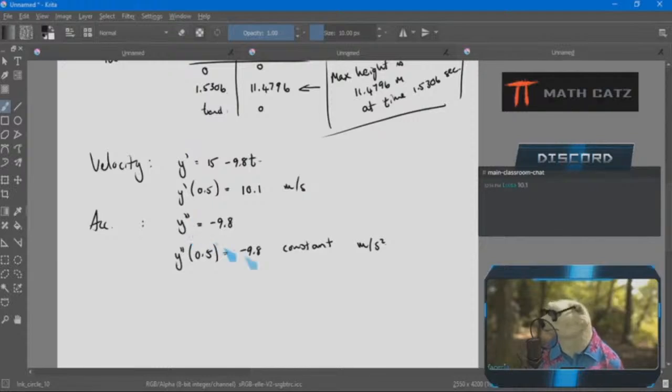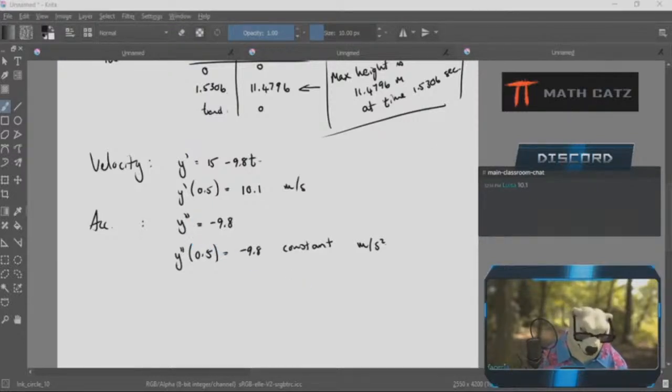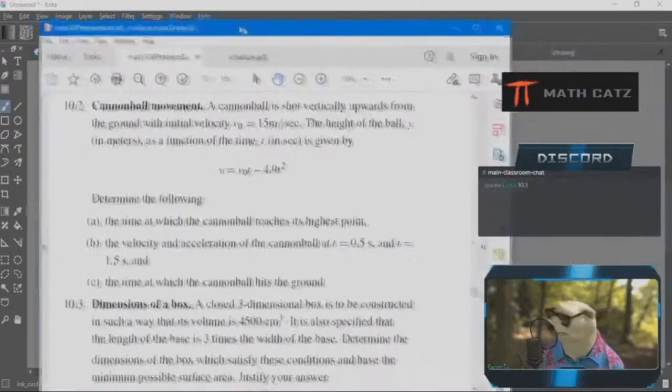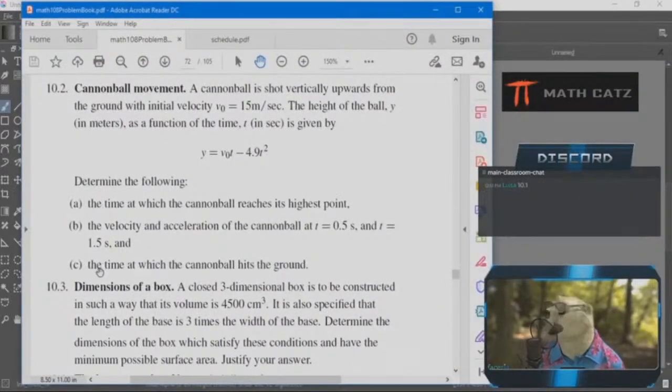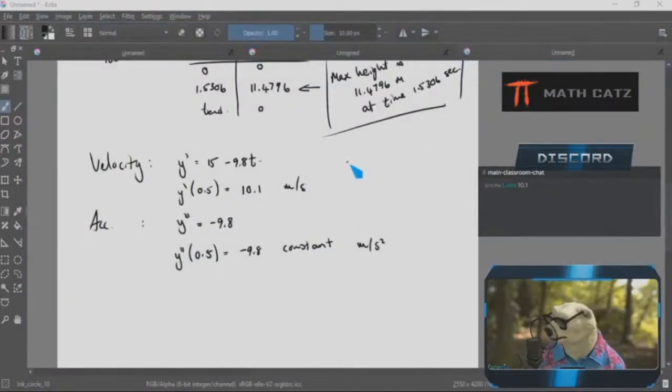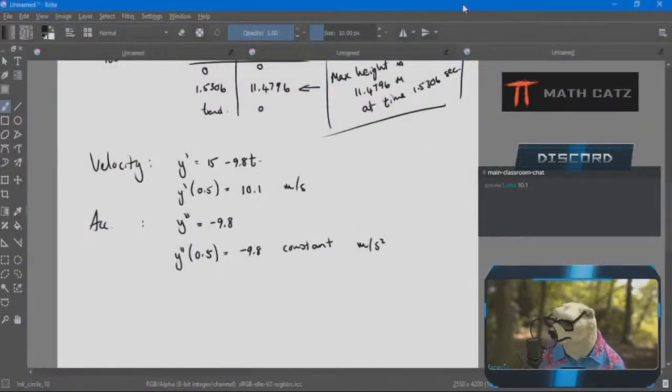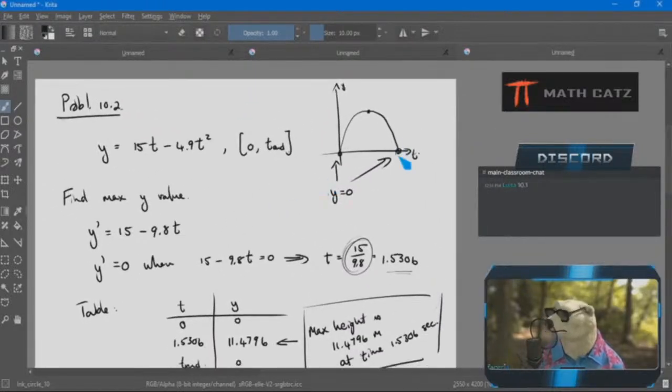All right. Let's get to something more interesting. This is just sort of plug and play. B question: the time at which the cannonball hits the ground. So we said earlier that I don't know exactly what that time is, but I know there is such a time.